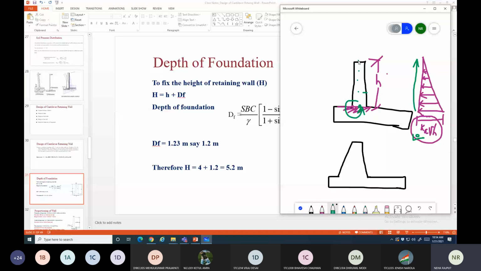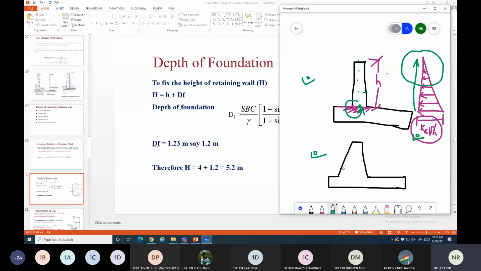The reason behind providing this trapezoidal stem, compared to rectangle, is that if you provide the same cross section throughout the height, you are wasting your concrete. You are wasting both reinforcement and concrete, because the full cross section is not required throughout the height as the pressure value is reducing from bottom to top.